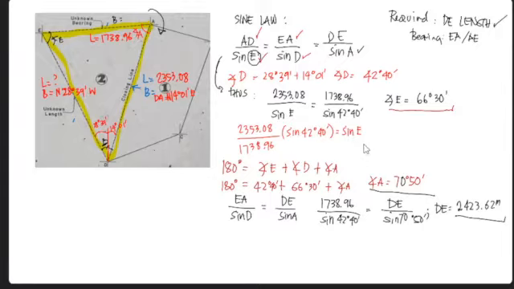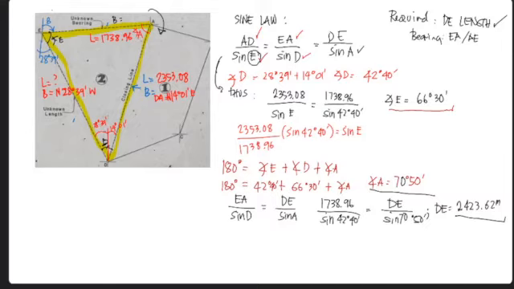So, ang kulang na lang natin is AE. So, since we have DE na bearing natin, so this is 28 degrees 39 minutes. Our AE is here, di ba? Ito yung ating bearing.